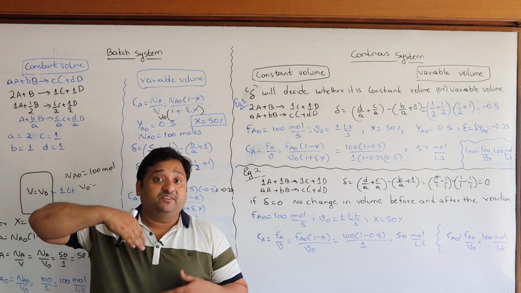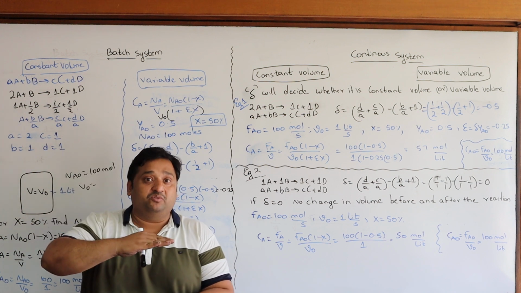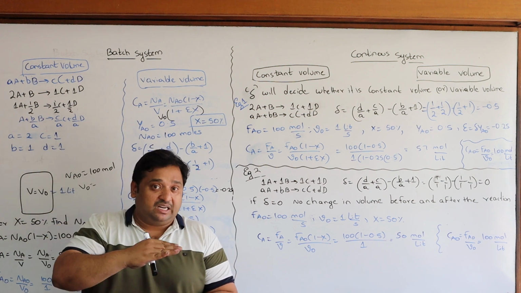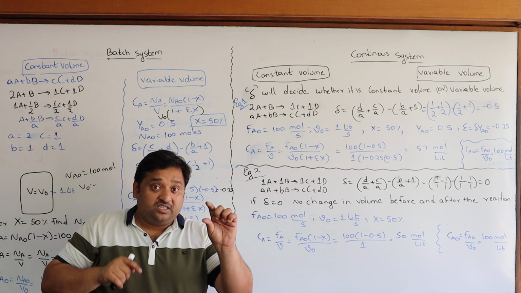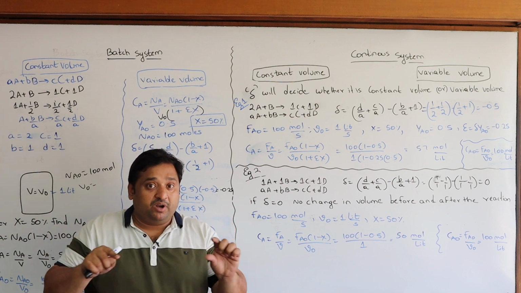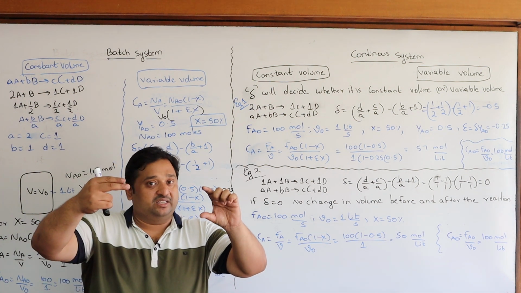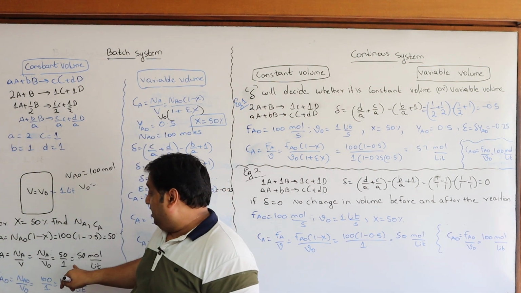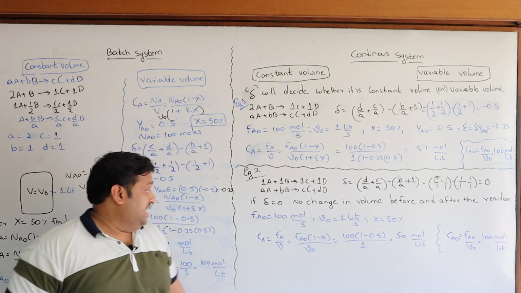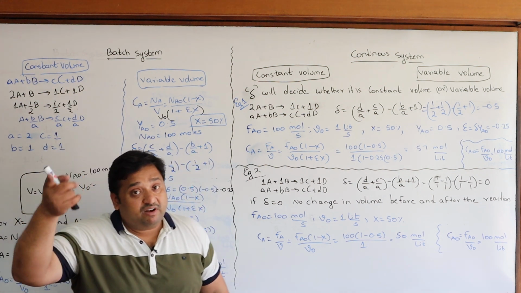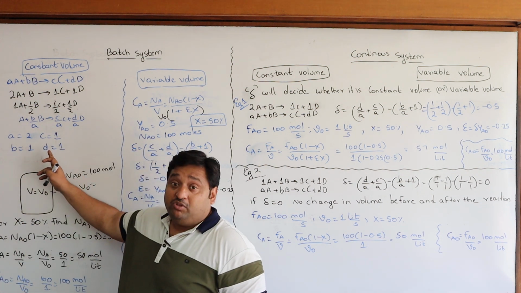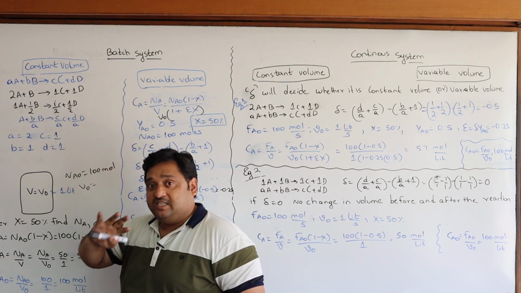Because after the reaction the volume gets reduced, and concentration is moles by volume. If the volume is reduced, the denominator has got reduced, so automatically the value increases. That is why the final concentration is 50 mole per liter here and 57 mole per liter there, even though the conversion is the same in both cases.